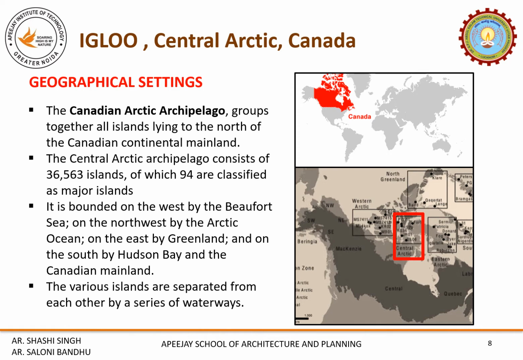This place is bounded on the west by the Beaufort Sea, on the northwest by the Arctic Ocean, on the east by Greenland, and on the south by Hudson Bay and the Canadian mainland. These islands are separated from each other by a series of waterways.